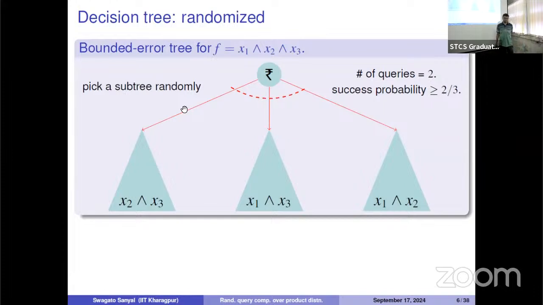If there are at least 2 zeros, then you are correct with probability 1. If there is, let's say, one 0 and two 1s, then the value of AND is 0, but this tree may output 1 with probability 1/3, and that is the worst case situation. So this error probability of 1/3 is worst case over all inputs. It's a probabilistic guarantee, but a worst case guarantee over inputs, and the probability is over the randomness of this probability distribution.